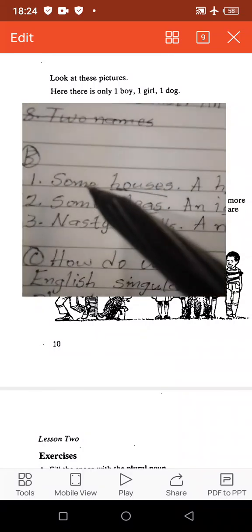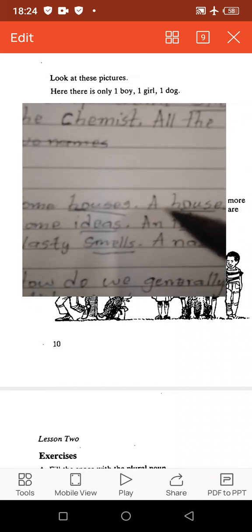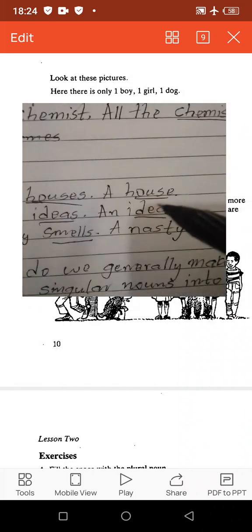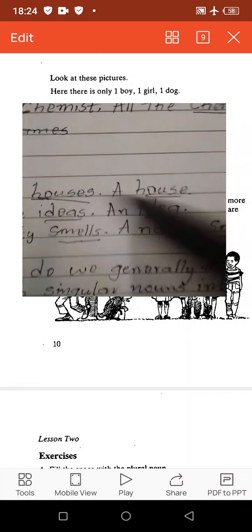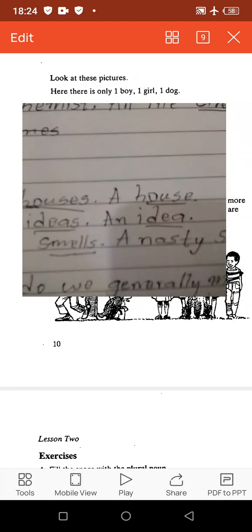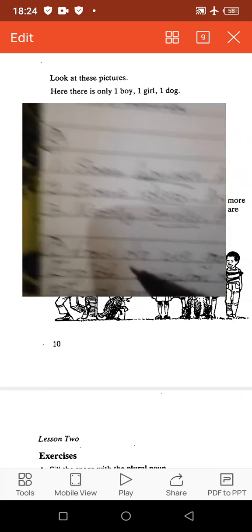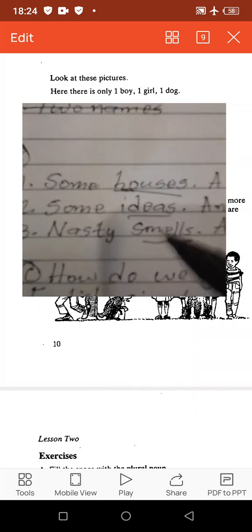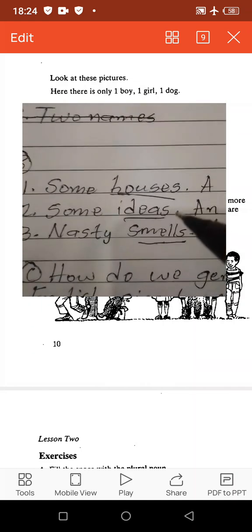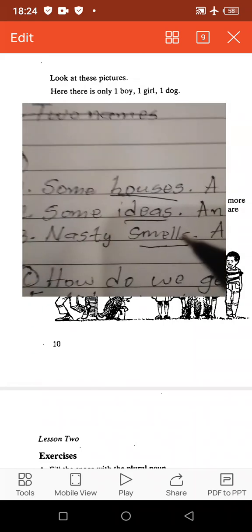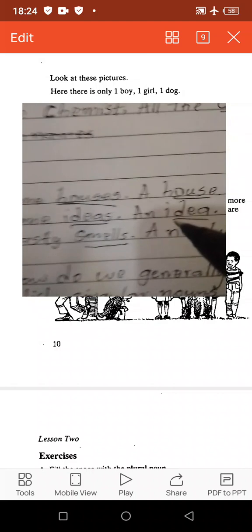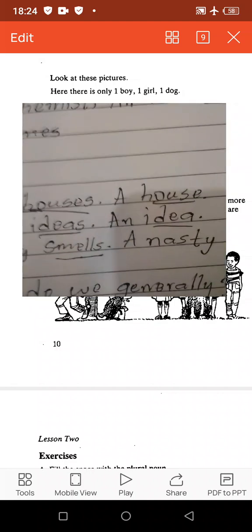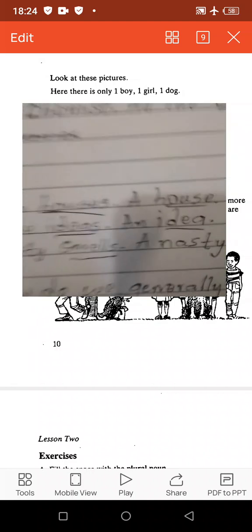Number 1, some houses. What did we do? We just remove the s and say a house. Some ideas. This word here is in the plural form. I made sure that I underlined it so that you could see it clearly. An idea. What did we do? We just removed the s.